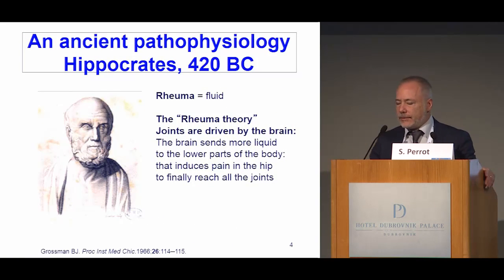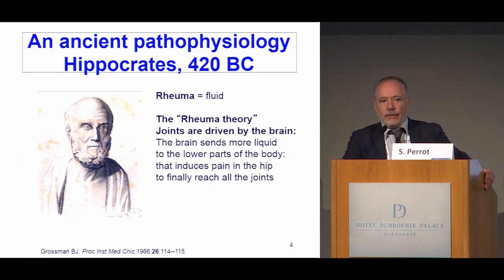And to start with, I should mention the first neuroscientist in the world was Hippocrates. And he described a very ancient theory that is the rheuma theory. What is the rheuma theory? The rheuma theory is the theory that describes that joints are driven by the brain.